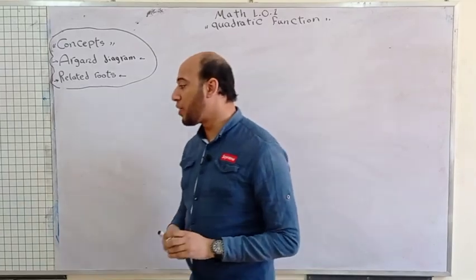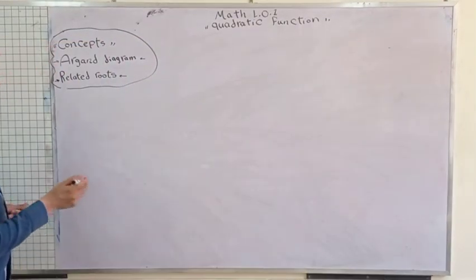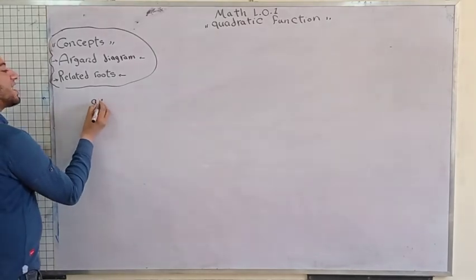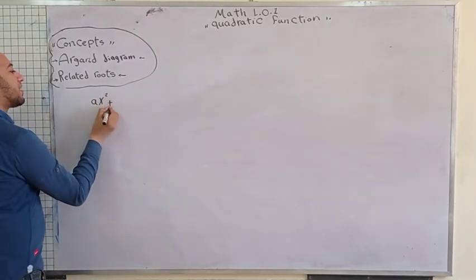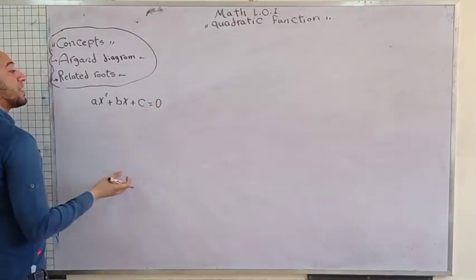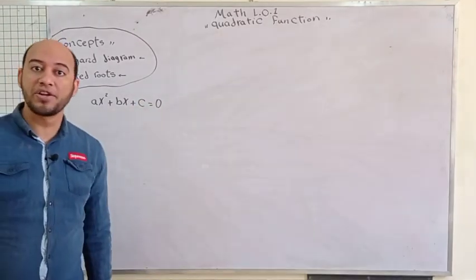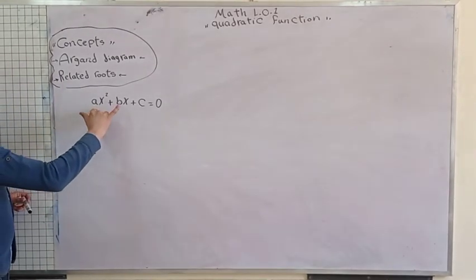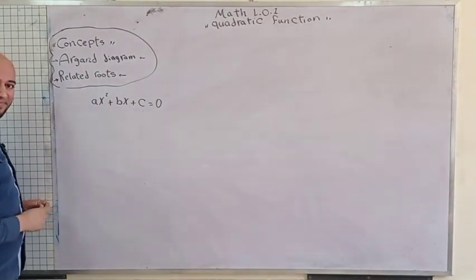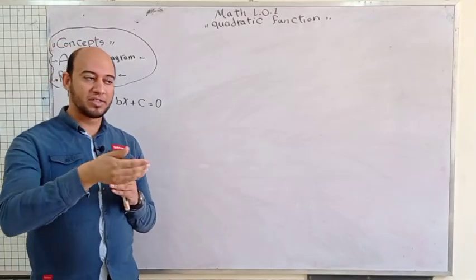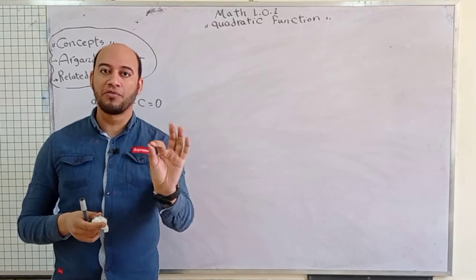I will write a quadratic equation in its standard form: ax squared plus bx plus c equals 0. This is a quadratic equation. Its coefficients are a, b, and c.